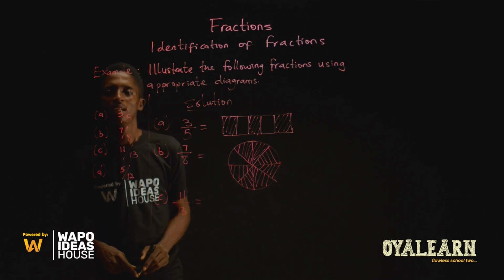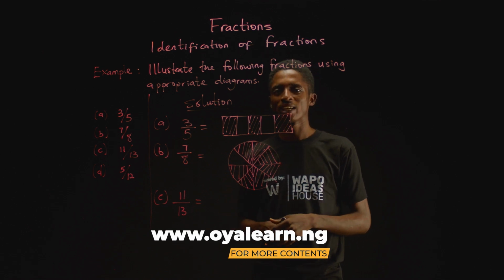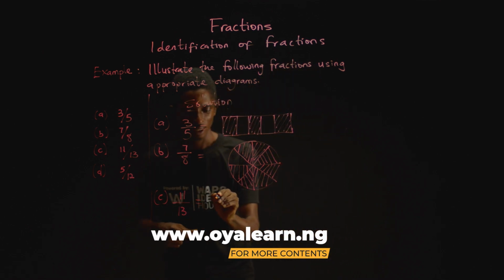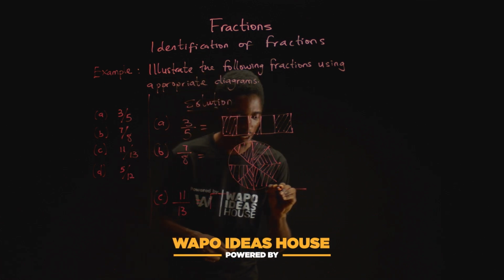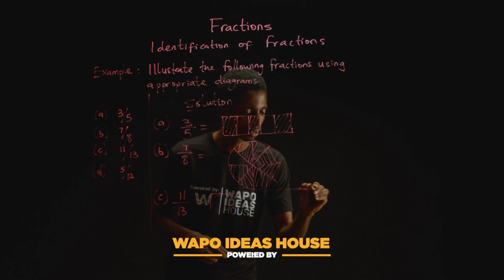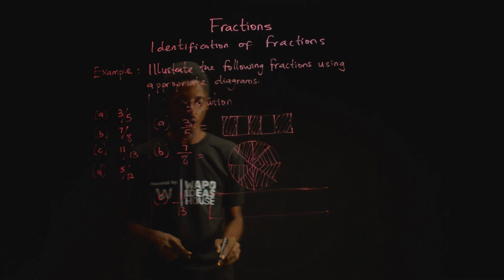Good. Now the C part, we have 11/13. You can take a pause and try this yourself, then compare with what we get. I expect that you would have drawn a shape like this. Remember, it can be any shape. You just have to have 13 equal parts.